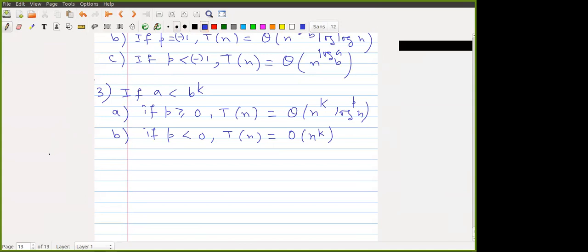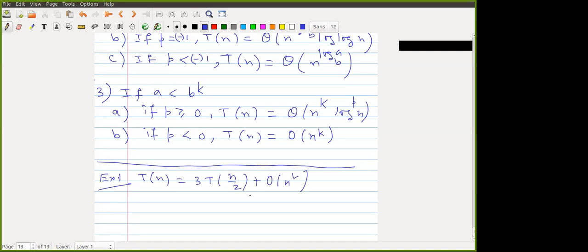I'll scale it out maybe. For example, T(n) is 3T(n/2) plus order n square.